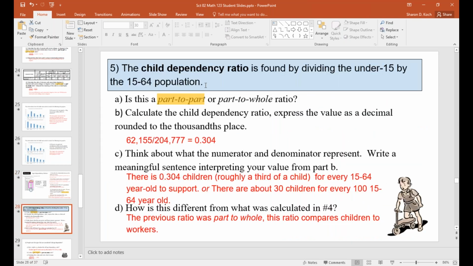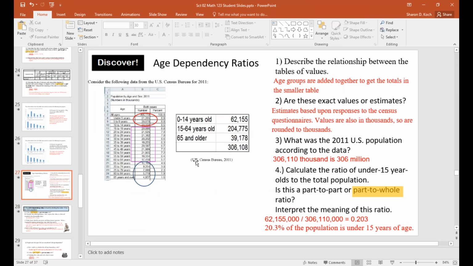Okay. Now, we have some dependency ratios that we want to make sure you understand. Child dependency ratio is found by dividing the children that are under 15 years old by the people who are 15 to 64. The reason why we call this child dependency is because anyone in the years 15 to 64 is considered the working class.